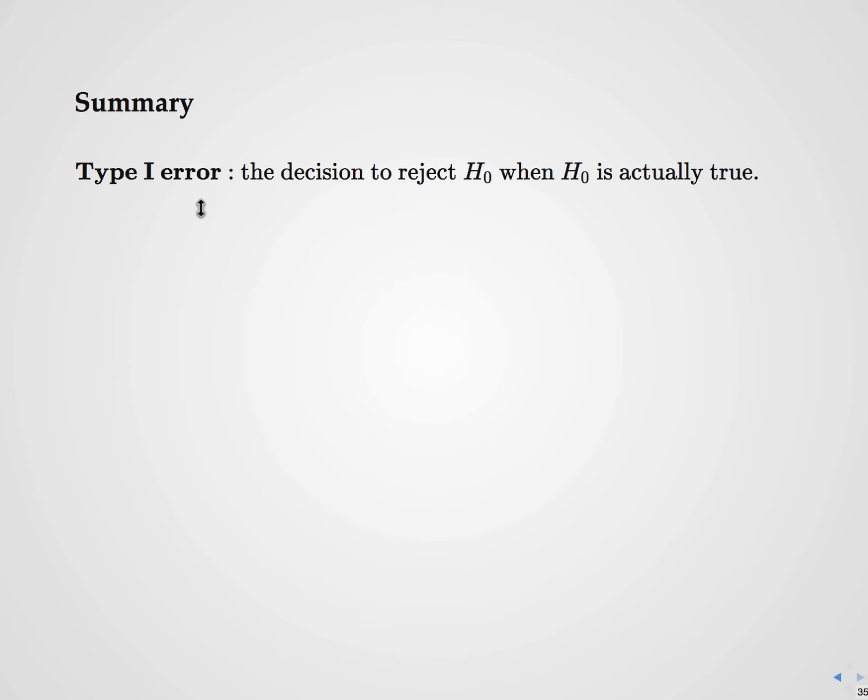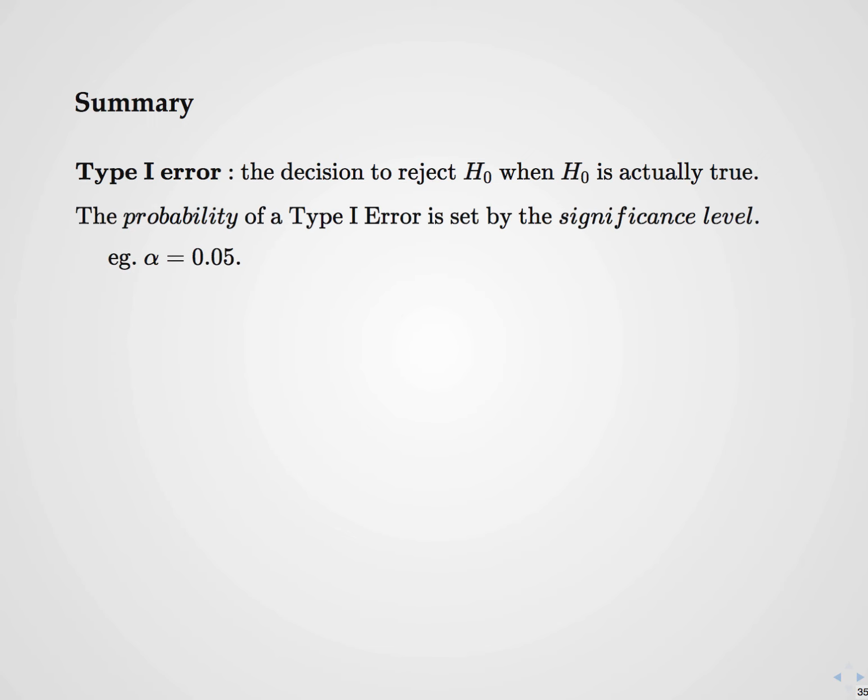So we've talked quite a bit about the type 1 error, which is the decision to reject the null hypothesis when the null hypothesis is actually true in the population. That's the definition of the type 1 error. And we attempt to control that when doing hypothesis tests by setting the significance level.